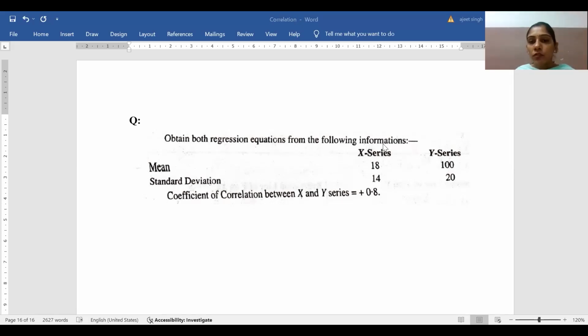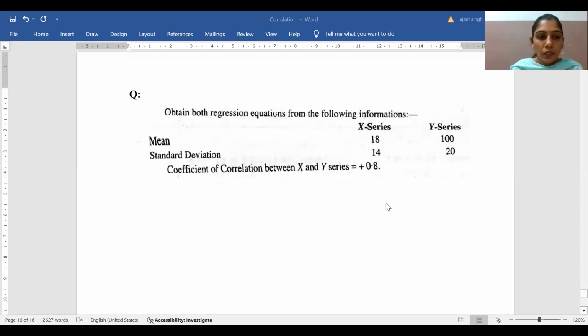Mean of series x is 18, mean of series y is 100, standard deviation of x series is 14, and standard deviation of series y is 20. The coefficient of correlation between x and y series is given. Value of r is 0.8. So what we have to do first is calculate the regression equation from the following information.